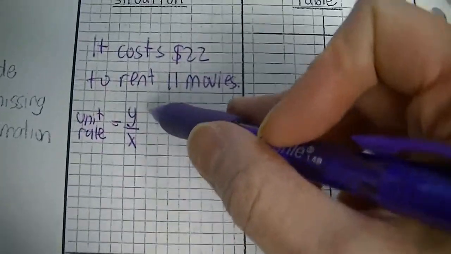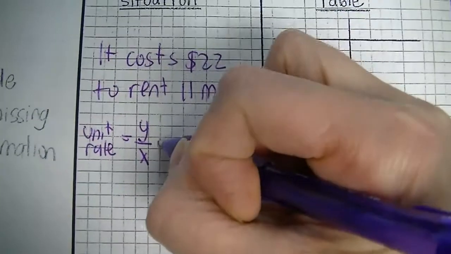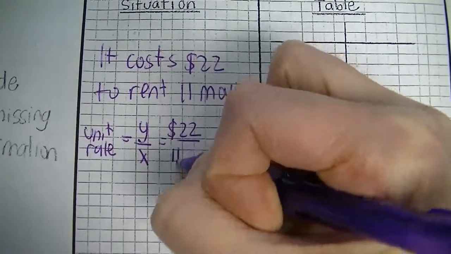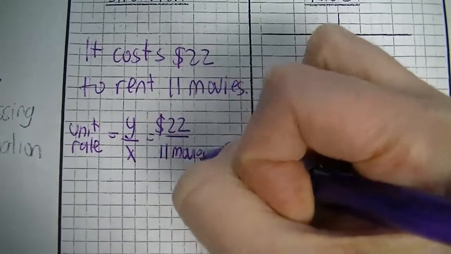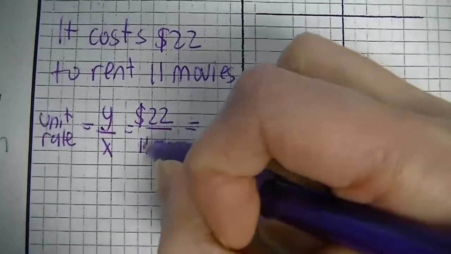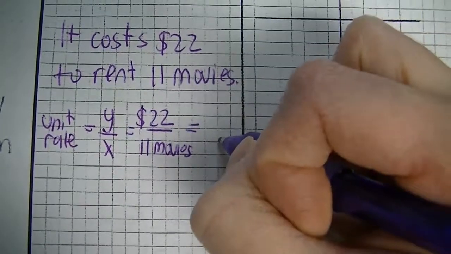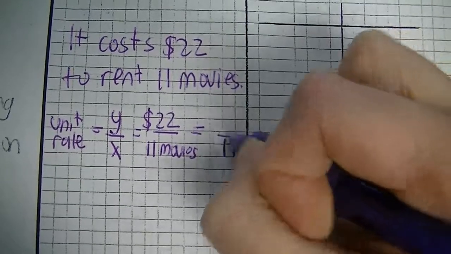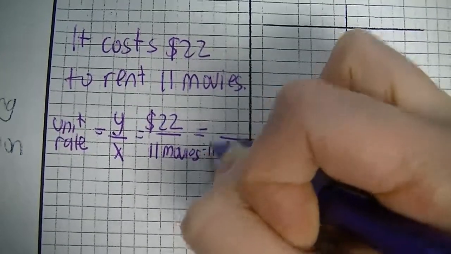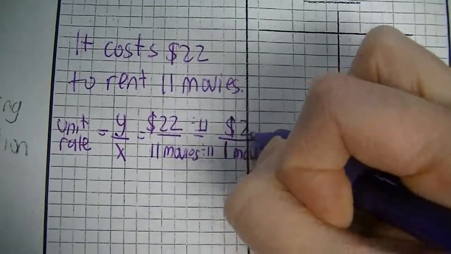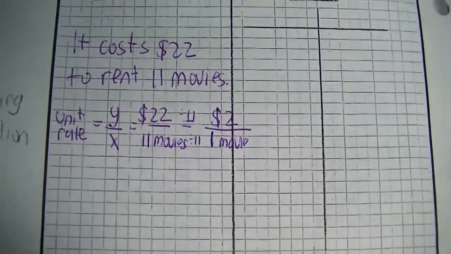So I'm going to put the cost on the top, $22 to rent 11 movies. Okay, and that's not the unit rate yet. We got to keep going down. And we want the equivalent fraction for this, where 1 is in the denominator. So one movie, how much would one movie cost? We divided by 11, divide by 11. 22 divided by 11 is 2. $2 per movie. That right there is the unit rate.